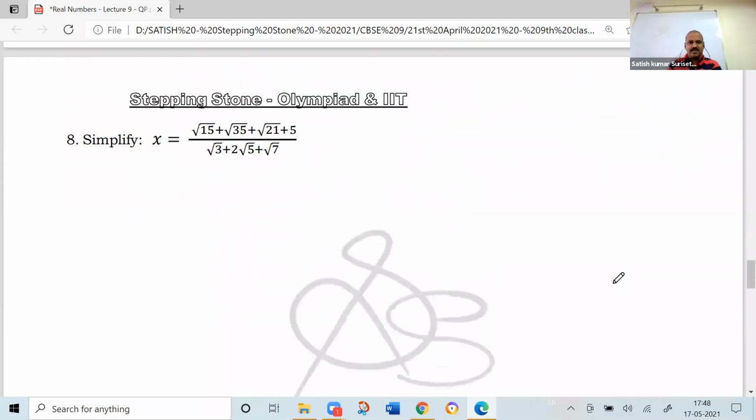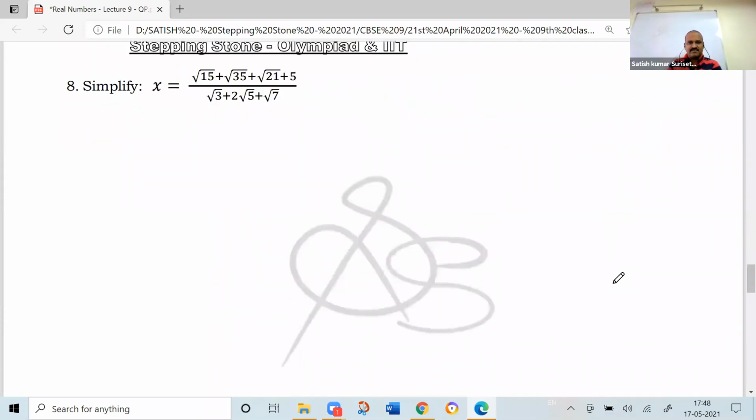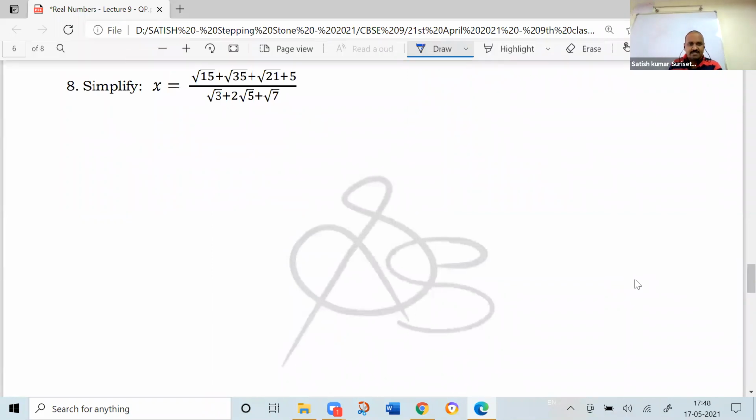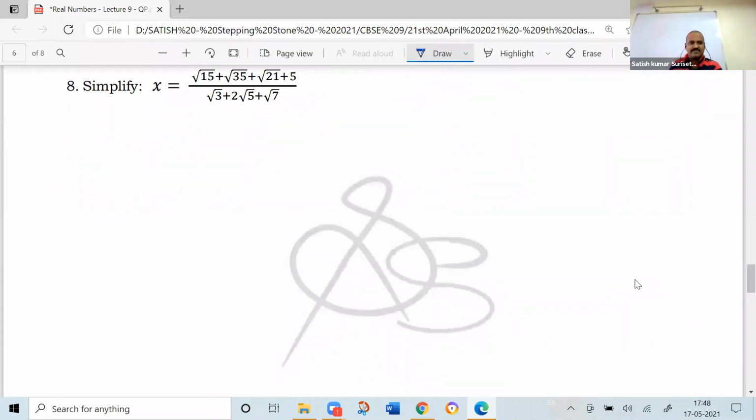This is another typical problem. So simplify x equals (root 15 plus root 35 plus root 21 plus 5) upon (root 3 plus 2 root 5 plus root 7). So let us try to factorize the numerator.